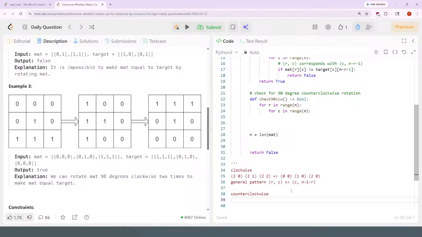So 0,0, 1,0, 2,0 becomes 2,0, 2,1, 2,2. So the column matches with the row.